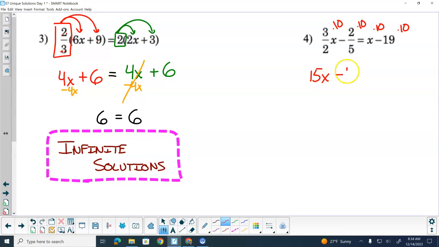Divided by 5 is 4. 10 times x is 10x. 19 times 10 is 190. Which way do we want variables to go? Left. Okay.